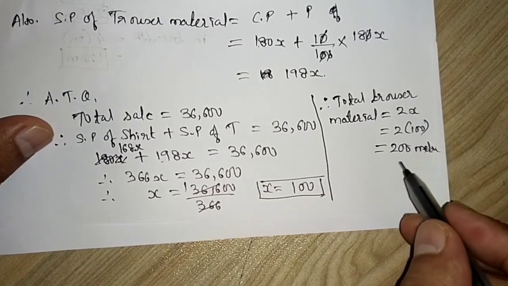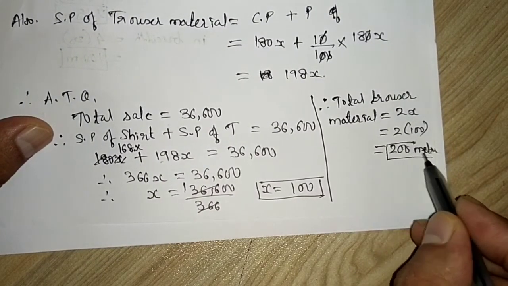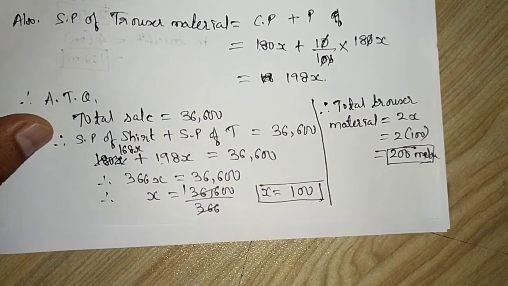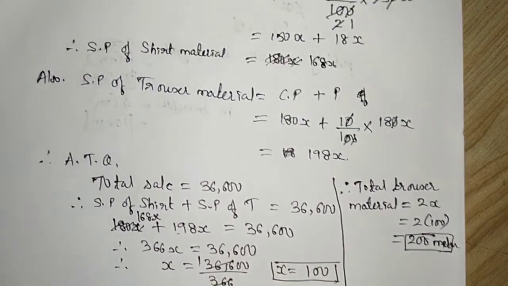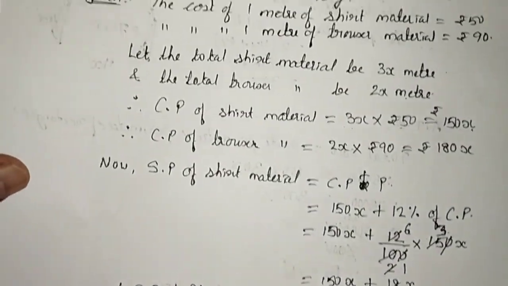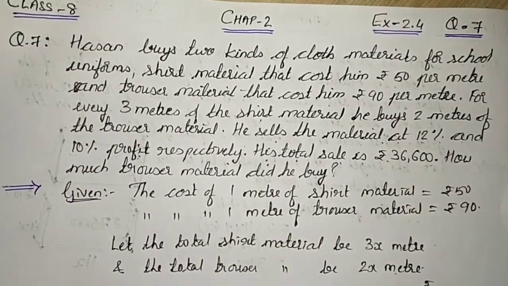That means total trouser material which Hassan buys is 200 meters.